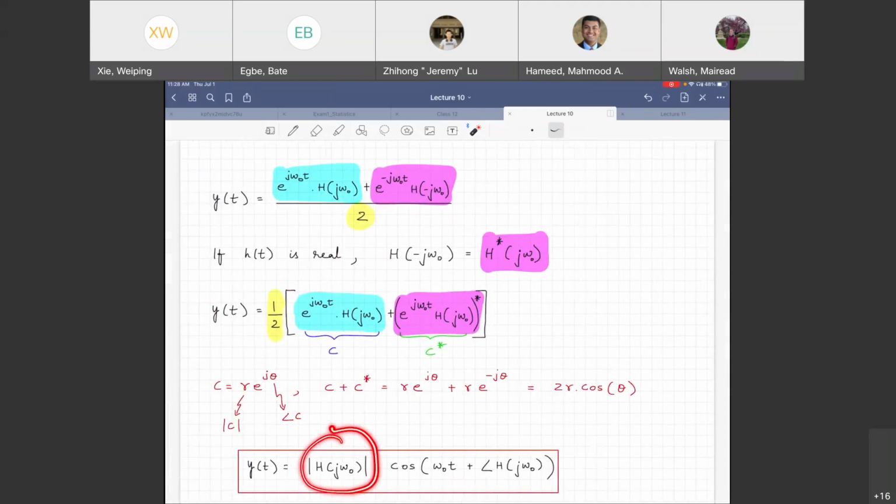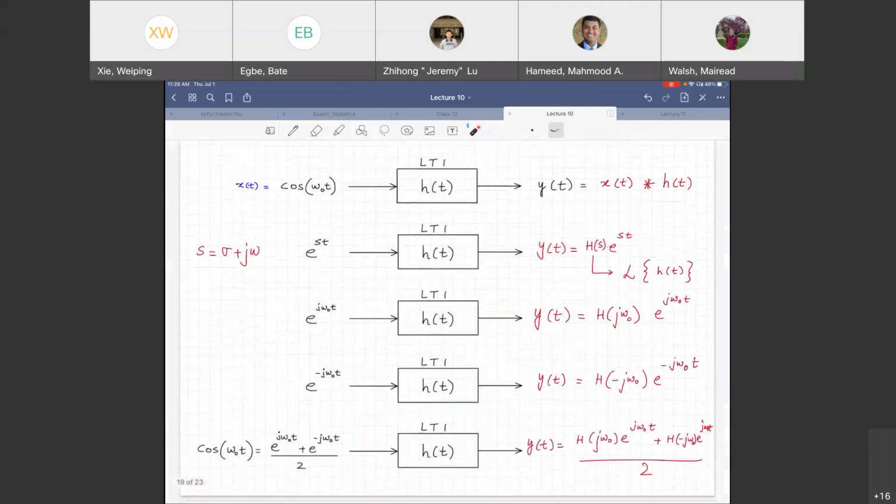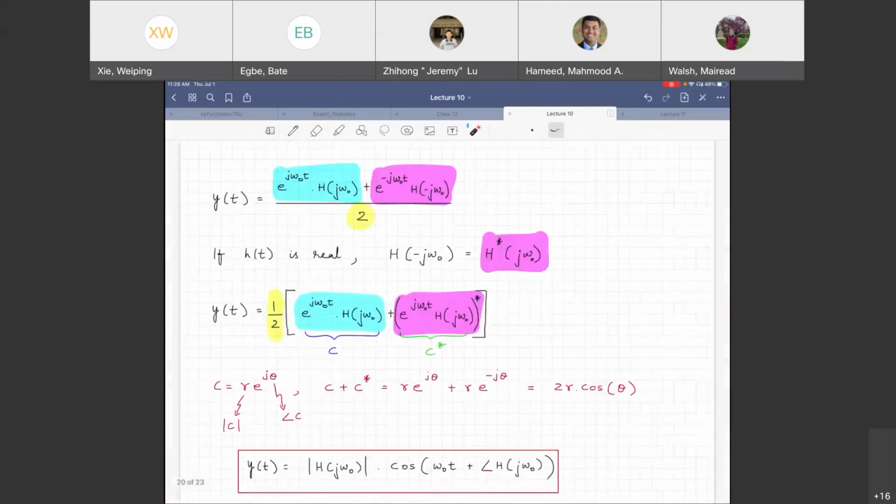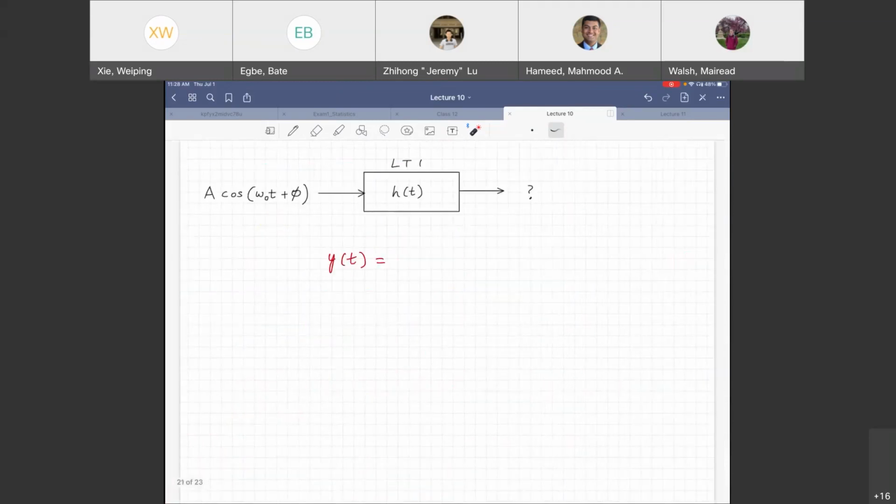How about the A? If I have the A, what will change? That was for cosine omega naught t. If you have A cosine omega naught t, what will change? You will have A at the front.